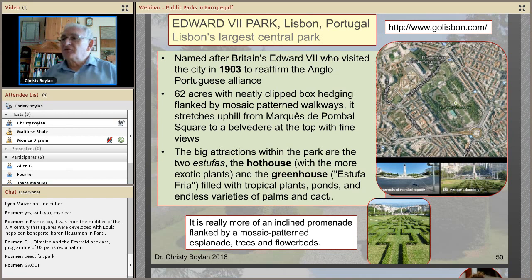Then if you want to go to Spain, if you go to Madrid, you have the Buen Retiro Park, which is the Park of the Pleasant Retreat, one of the largest parks of the city of Madrid, and it's about 350 acres, which is about 140 hectares, we'll say. It belonged to the Spanish monarchy until 1868 and then became a public park because at that time they were getting rid of the royalty in Spain. Queen Isabella was overthrown.